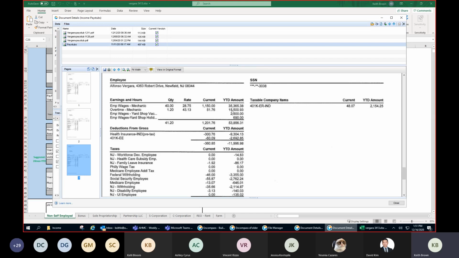So my year-to-date base income here was easy. It's 35,365.38. None of this applies, okay? So I'm going to use this number. Sometimes I'll have 3 or 4 items here that qualify as year-to-date base income. So just so you know, other things that get added into year-to-date base income are PTO, vacation, sick leave.